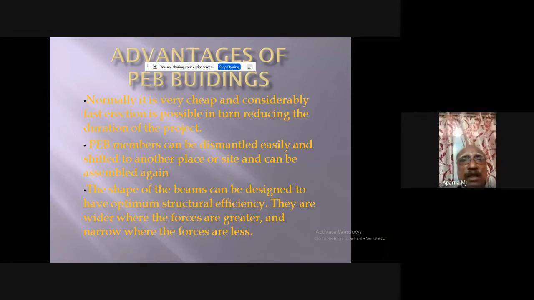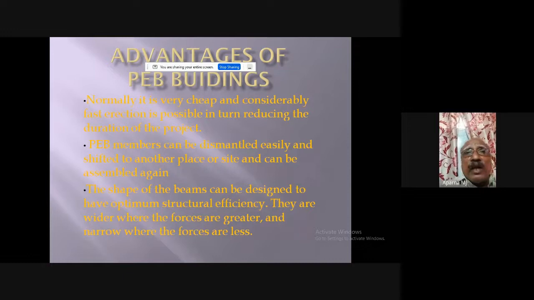And for the rafters also, the rafter is the upper part which will carry the roof. In the rafter also we can have wider beams as well as narrow beams, designed and decided by the beam size, and then it can be assembled at the site.